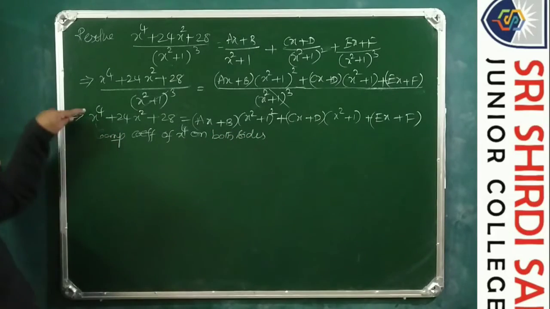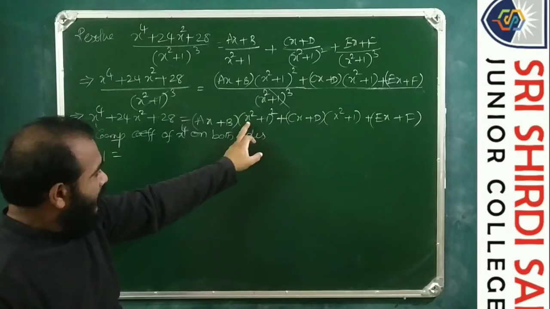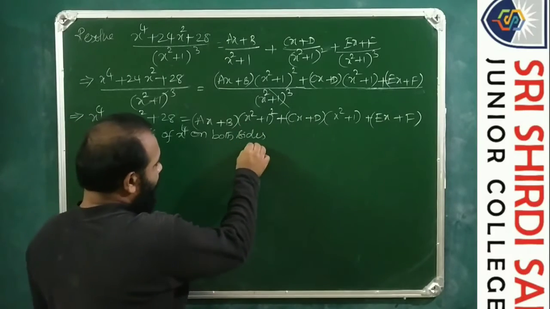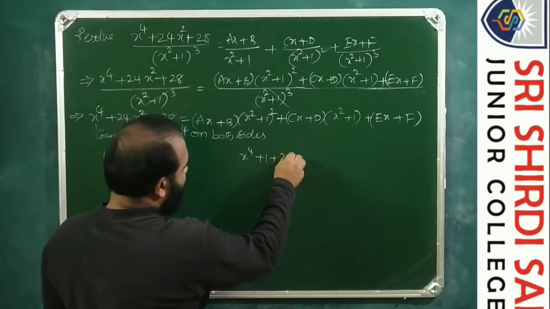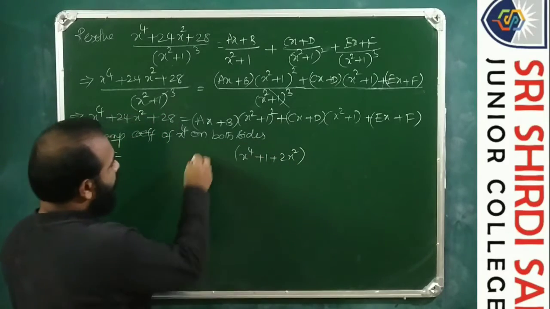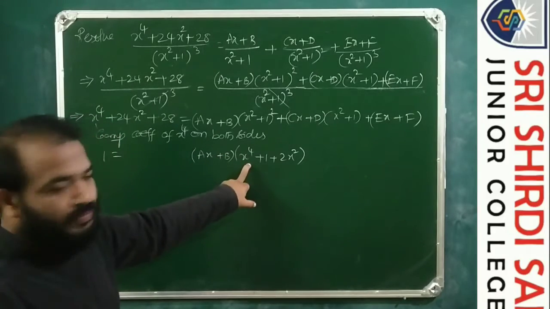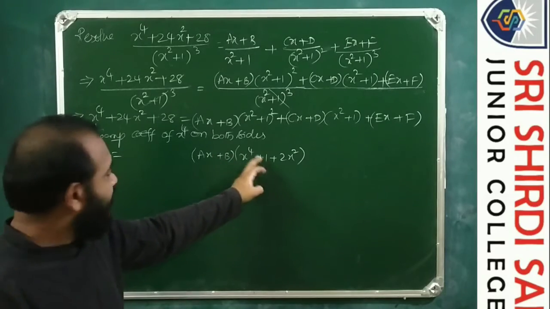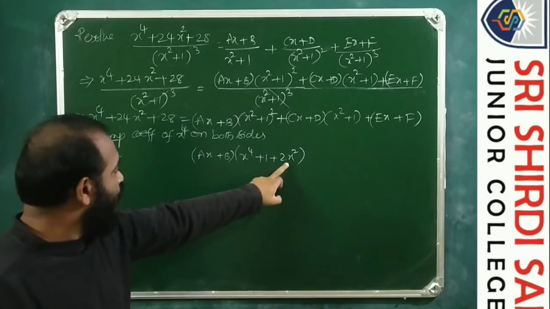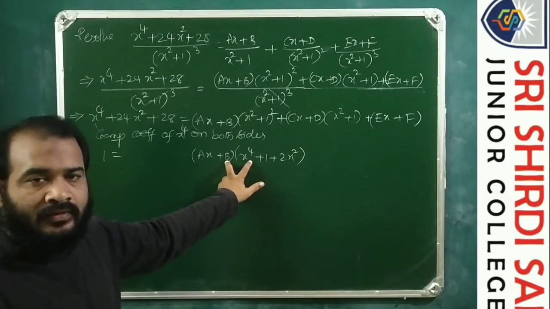So here x power 4 coefficient is 1, is equal to, if you expand, x power 4 plus 1 plus 2x square into ax plus b. So ax into x power 4 is ax power 5, ax into 1, ax into 2x square is 2ax cube. So b into x power 4 is bx power 4.